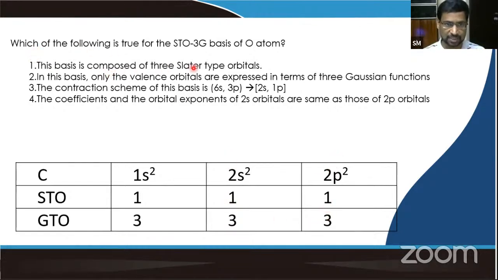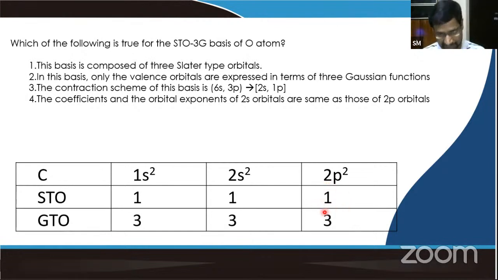The question said this basis is composed of 3 Slater type orbitals. It may appear that 1, 1, 1, so therefore 3, but that would be wrong because whenever we define a p orbital basis function, we know that it has 3 Cartesian components, px, py and pz.